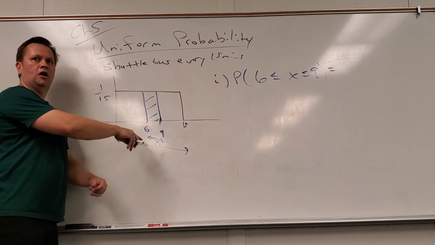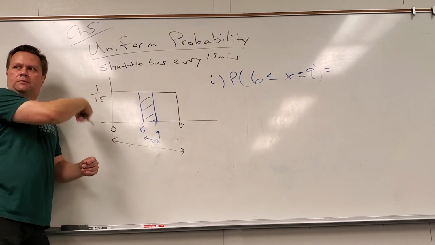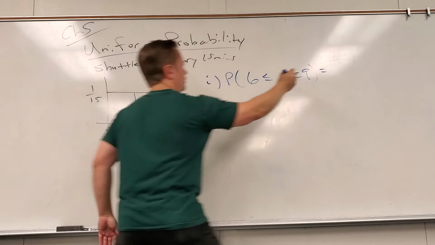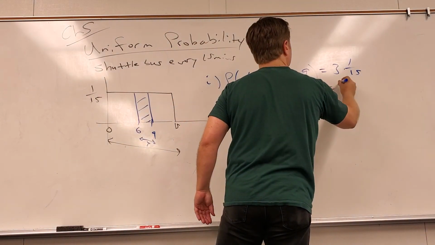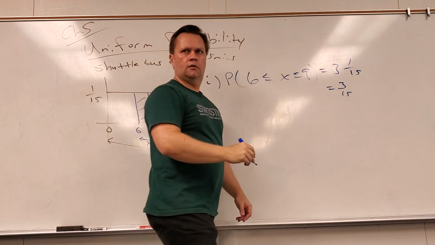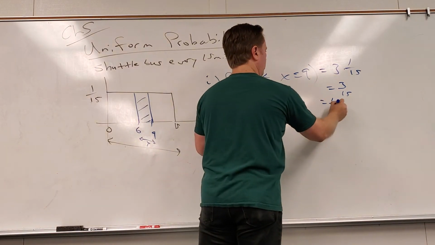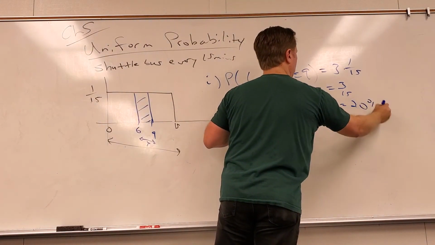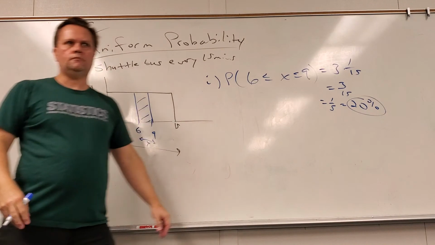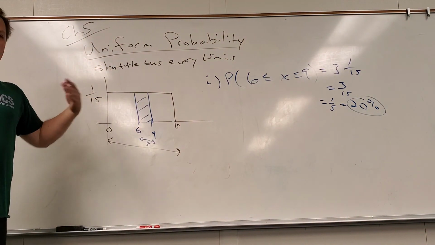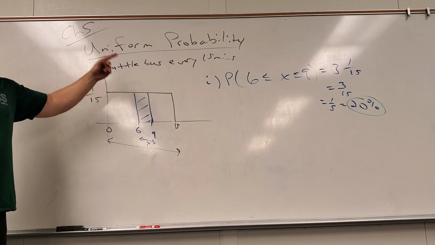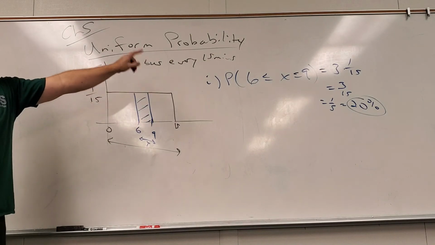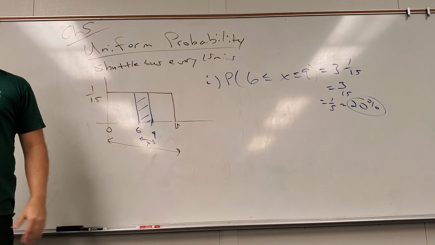What's the height? Always 1/15 for this problem. So it'll be 3 times 1/15, which is 3/15, or 1/5, which is 20%. So if you arrive at a shuttle bus location, there is a 20% chance you have to wait from 6 to 9 minutes.